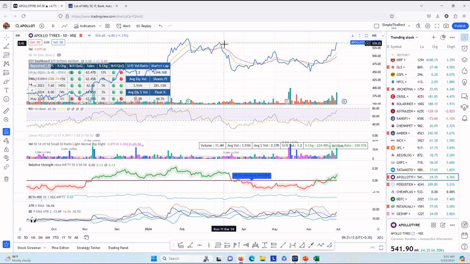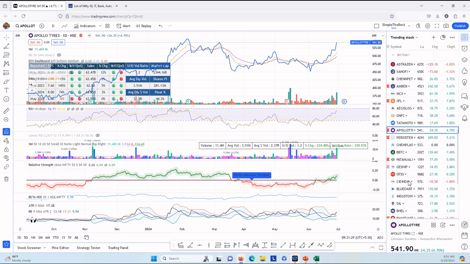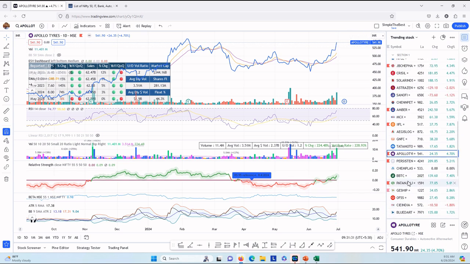Yes, this is kind of a rounding bottom, and RS is above line zero, so fundamentals are not strong. But since Apollo Tyres sector-wise is good and performing well, I can go for a shorter position. So this way, I look around at all kinds of possibilities, and based on that, I decide which stock I have to enter.